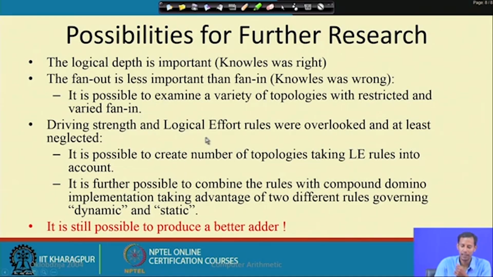Then driving strength and logical effort rules were overlooked and at least neglected. It is possible to create a number of topologies taking these logic element rules into account, and it is further possible to combine the rules with compound domino implementation, taking advantage of two different rules governing dynamic and static logic. It is still possible to produce a better adder. So, considering these adders, we can take different combinations of prefix addition.